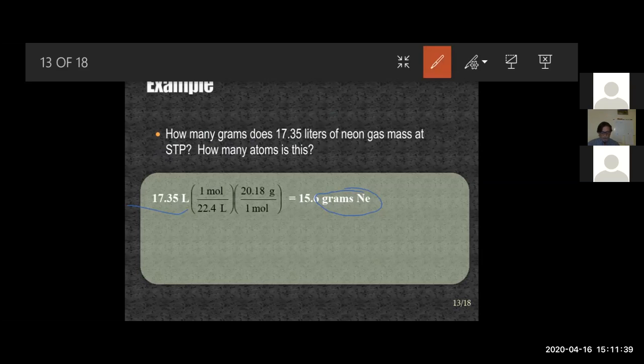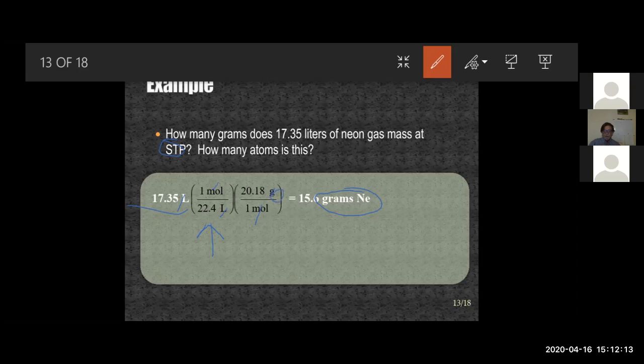Since I have 17.35 liters of neon gas and I'm at STP, I need that first relationship right there, because that gives me moles of neon gas at STP. And once I'm at moles, now with the atomic weight of neon gas, notice I'm marking off the units. My moles cancel, leaving me my grams.